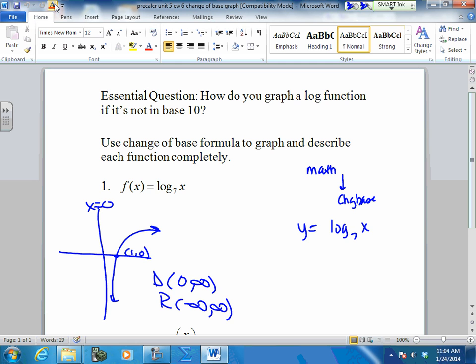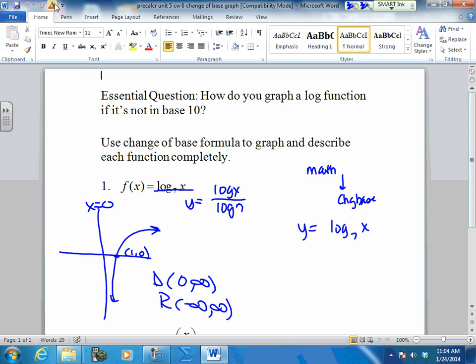Now, if you don't, we go like this. We put a line here. We do log x over the 7 stays below the line. Log 7. And you can graph this. Because you can't put log base 7 in your calculator, we only get log base 10.